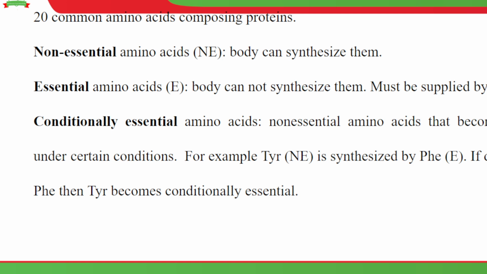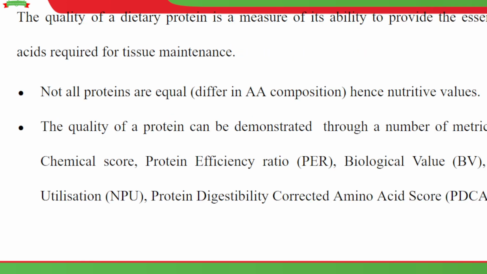Those are some of the examples under these groupings of the amino acids. The quality of dietary protein is a measure of its ability to provide the essential amino acids required for tissue maintenance. Now, how do you know a protein is of quality?